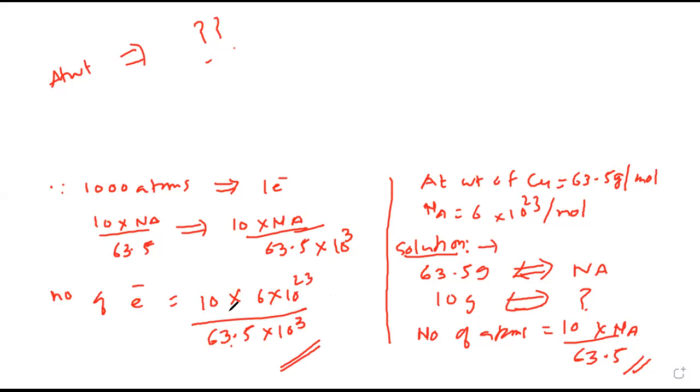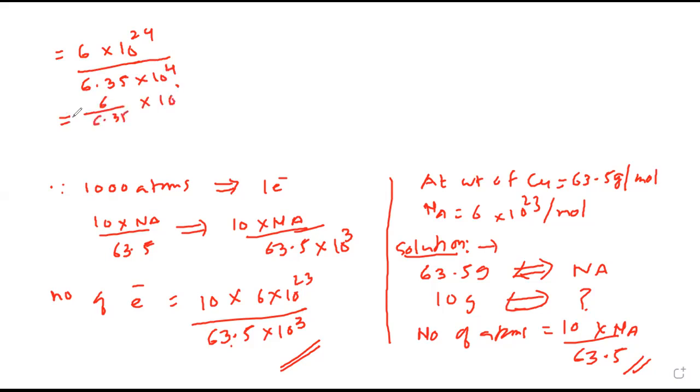Yes, sir. Now when you simplify this, this will become 6 into 10 raised to 24 upon 6.35 into 10 raised to 4. That means it is 6 upon 6.35 into 10 raised to 20.